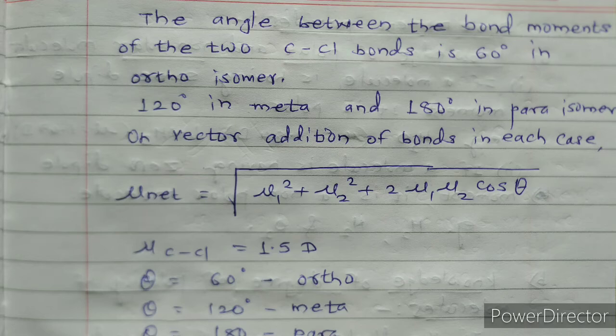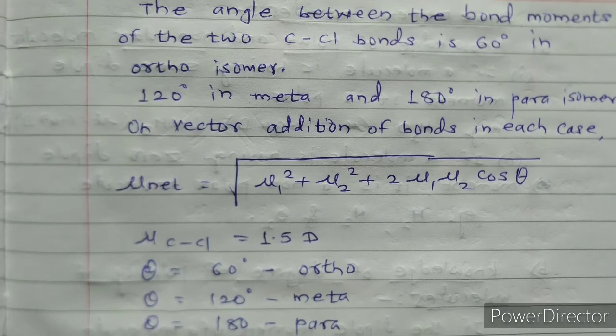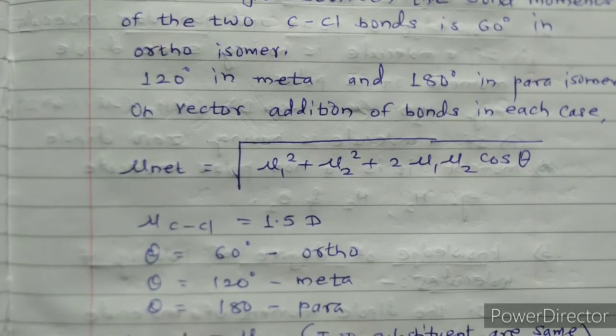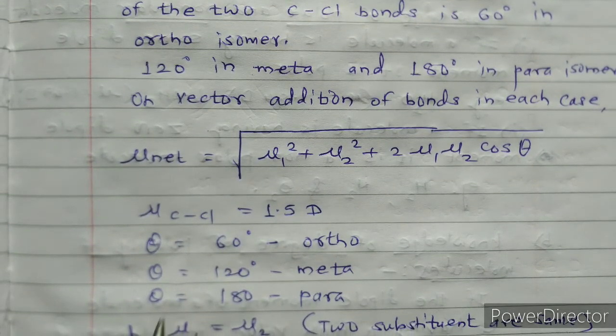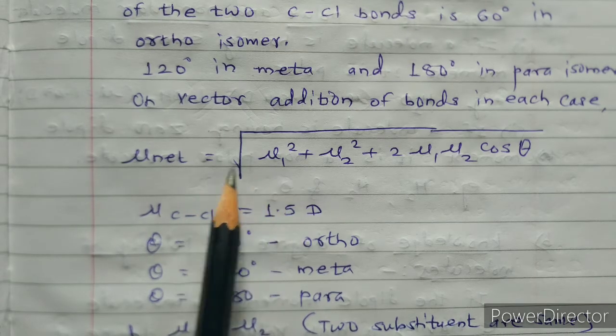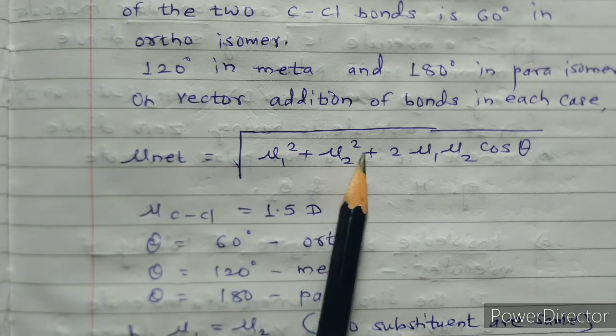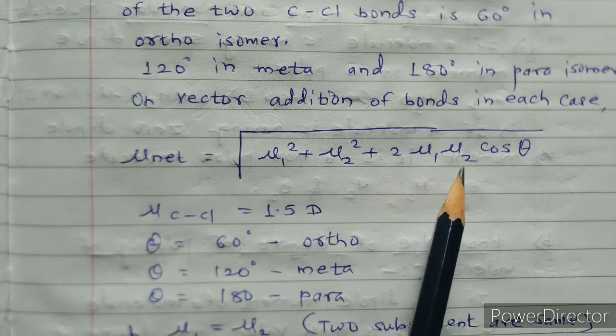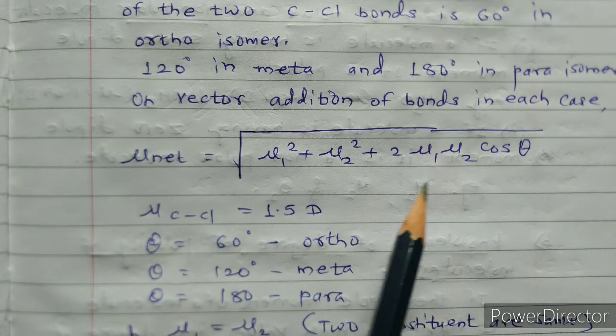The angle between the bond moments of the two carbon-chlorine bonds is 60 degrees in the ortho isomer, 120 degrees in meta and 180 degrees in the para isomer. So on vector addition of the bond moments, in each case, the net dipole moment mu equals the square root of mu1 squared plus mu2 squared plus 2 mu1 mu2 cos theta.